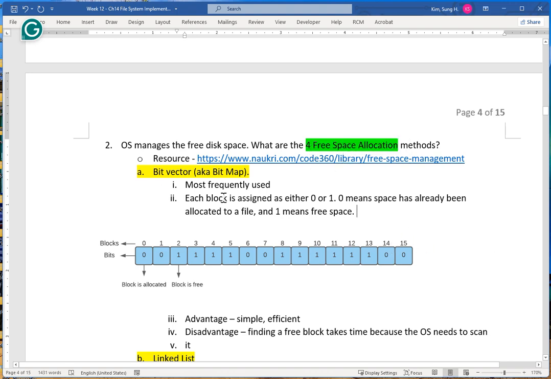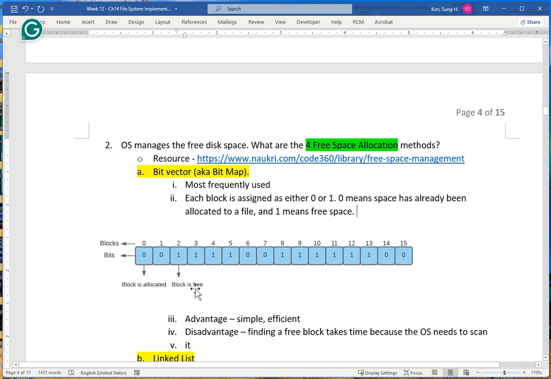The first one is called the bitmap or the bit vector, and the rest of them are variations of the length. Here you have a series of blocks that can be used or empty, but you maintain a small table that records whether each block is empty or used.